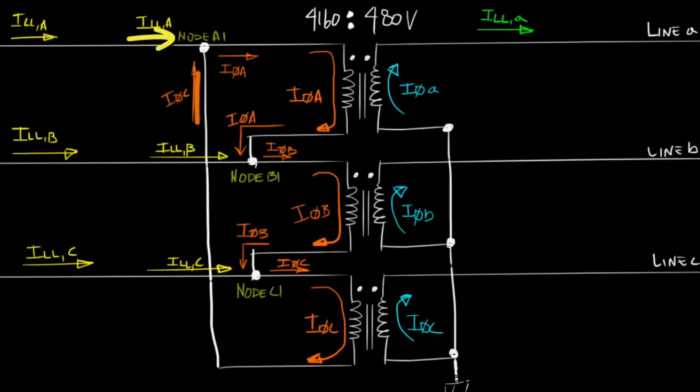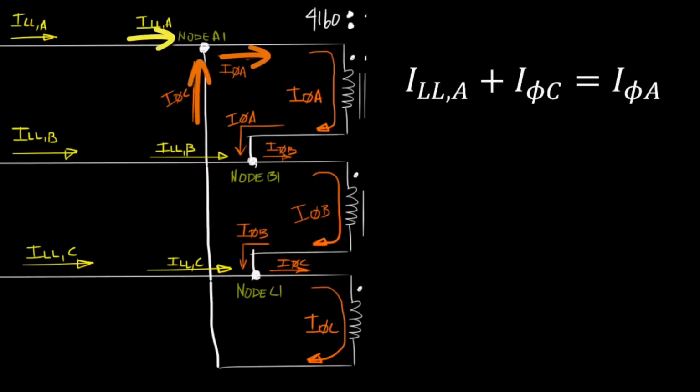Phase current C also flows into node A1. However, phase current A flows out of node A1. So when we apply KCL, or Kirchhoff's current law, we can simply express this relationship as line current A plus phase current C equals phase current A.